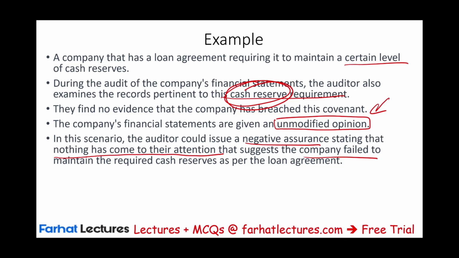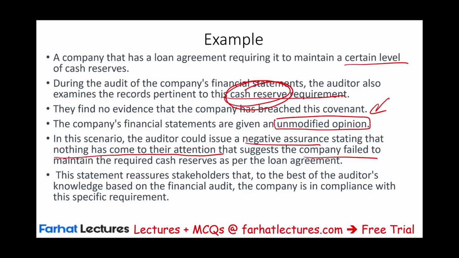The purpose of this statement is to reassure the stakeholders, which in this situation are the lenders, the bankers, that to the best of the auditor's knowledge and based on the financial statement audit, the company is in compliance with this specific requirement. So it's good. We audited, no instances of non-compliance.